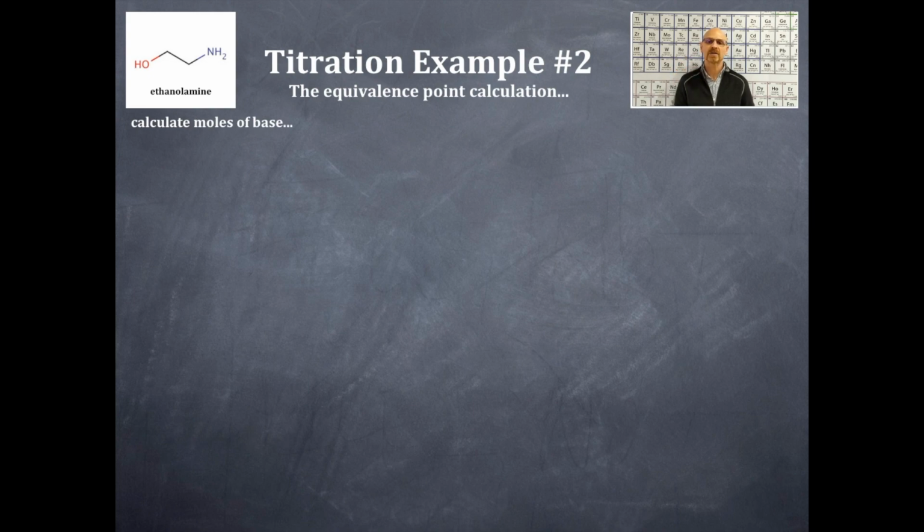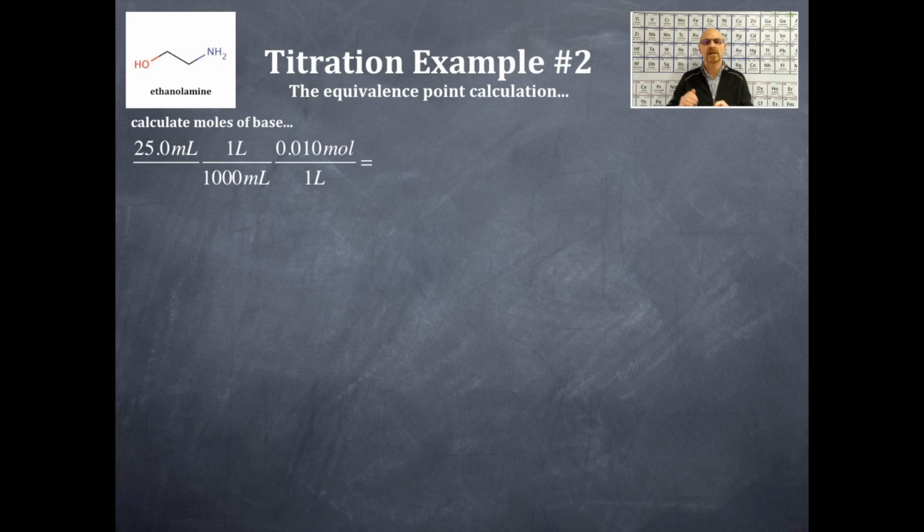So we're going to calculate the moles of base, that is the moles of the ethanolamine. We have 25 mL of ethanolamine and it has a molarity of 0.010 moles per liter. The next unit conversion is converting the milliliters into liters: 1 liter is 1,000 milliliters. That way our milliliters will cancel out.